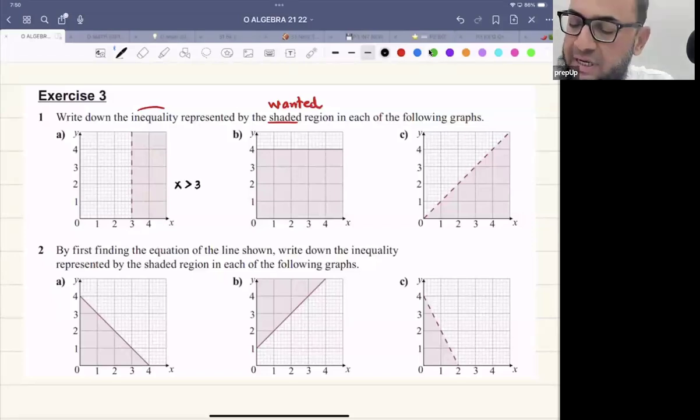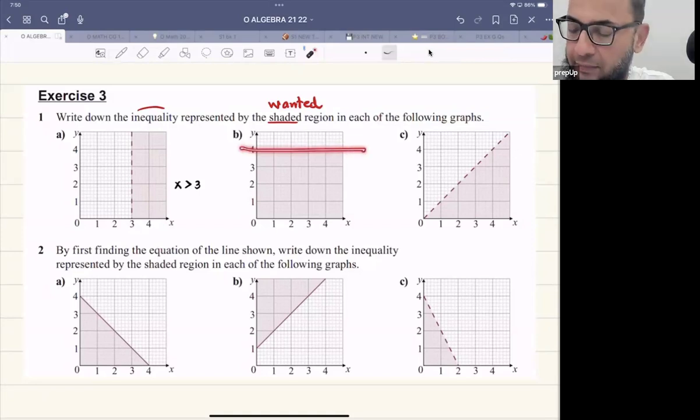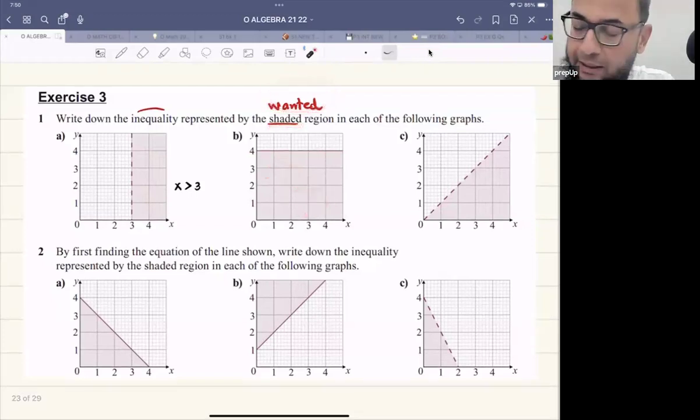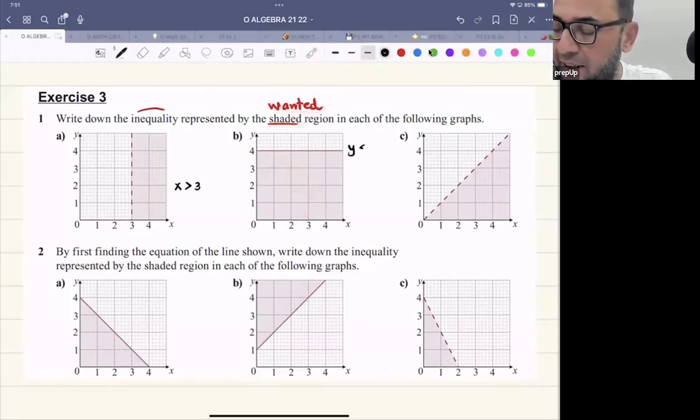Over here, we have a solid line. This is the line y is equals to 4, a line parallel to x-axis. The required region, the wanted region, the shaded region is below this line. So y is less than or equal to 4. Over here, this is the line y is equals to x.